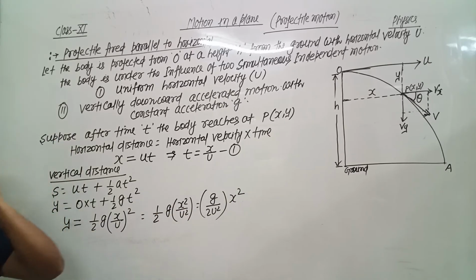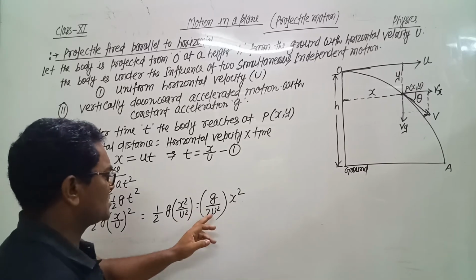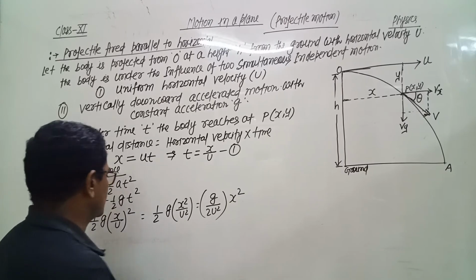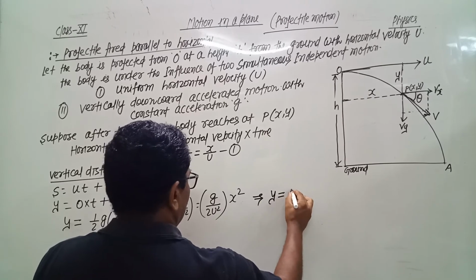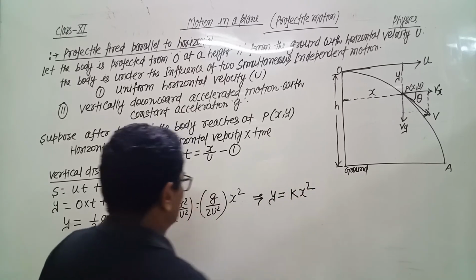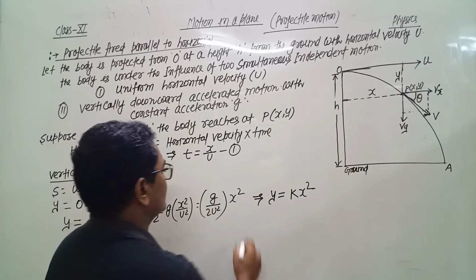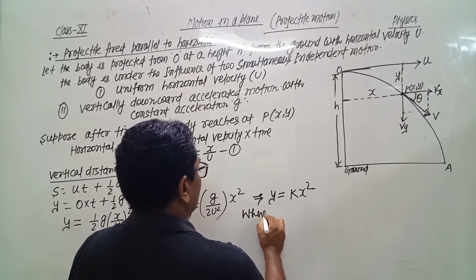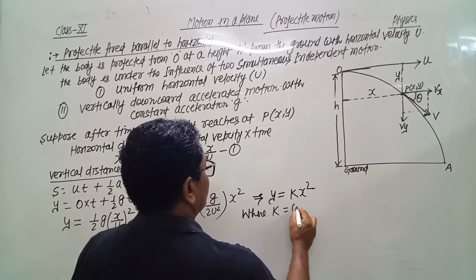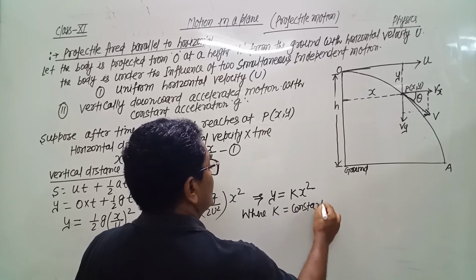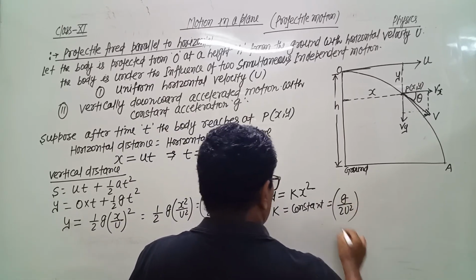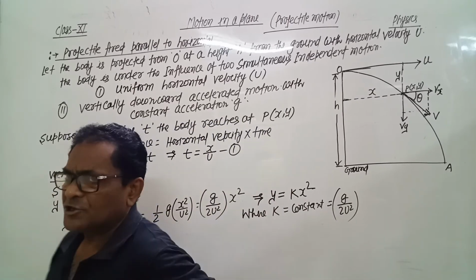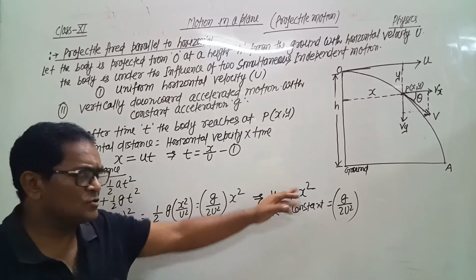Here g, acceleration due to gravity, is constant, 2 is a constant term, u horizontal velocity is also constant, so we can write that the vertical distance travelled y equals k into x square, where k is constant and equals g upon 2u square. So y equals kx square.